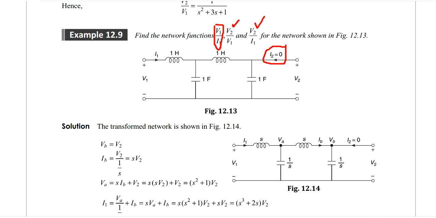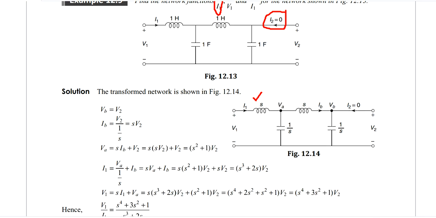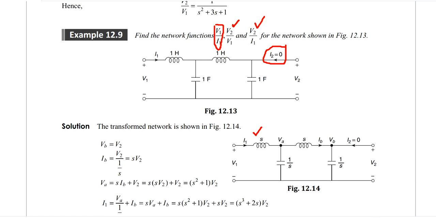The 1 Henry inductor becomes Ls, that is 1 into S, so it is S, and this other 1 Henry is also S, and the 1 farad capacitor becomes 1 by S because it is 1 by Cs. You all know this, right? Once you get the Laplace domain circuit, we can directly proceed to write KVL equations and get the required ratios.